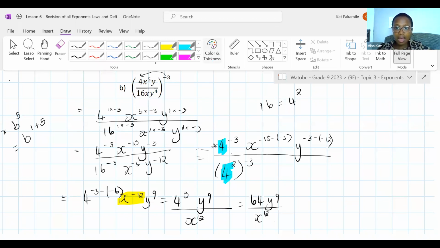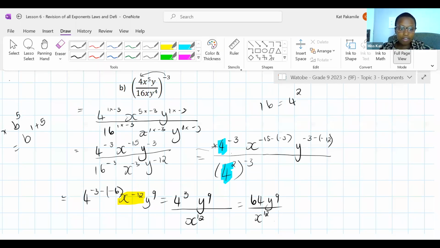Otherwise, you're going to have a 4 to the negative 3 at the top and a 16 to the negative 3 at the bottom. And now you're going to have to say 1 over 64 over 1 over. Do you see that's a lot of work? So I made them the same base so that I can apply my laws of exponents.